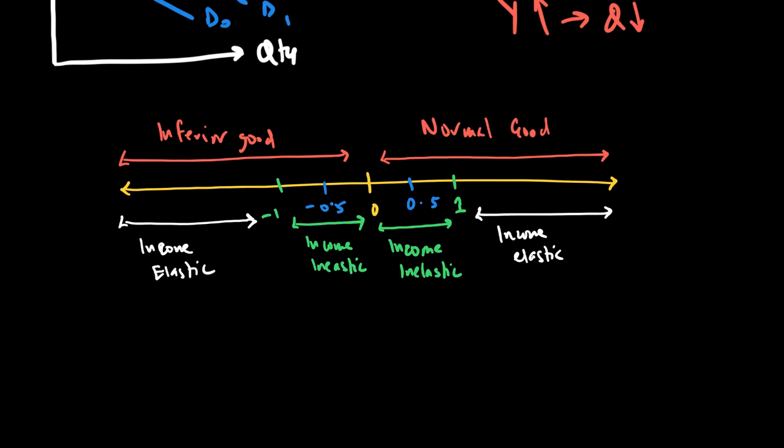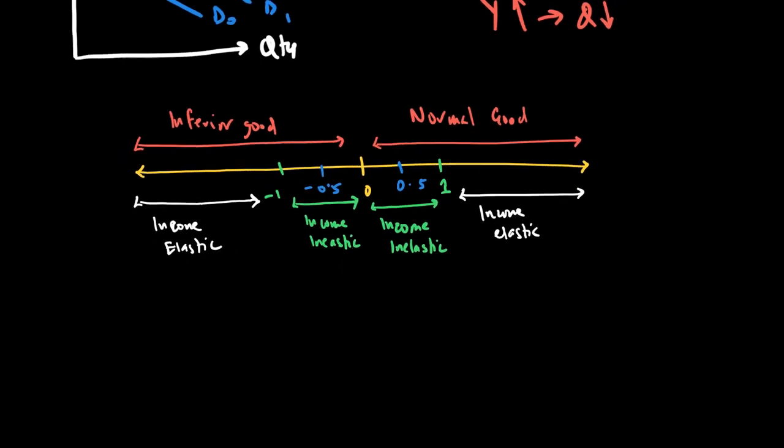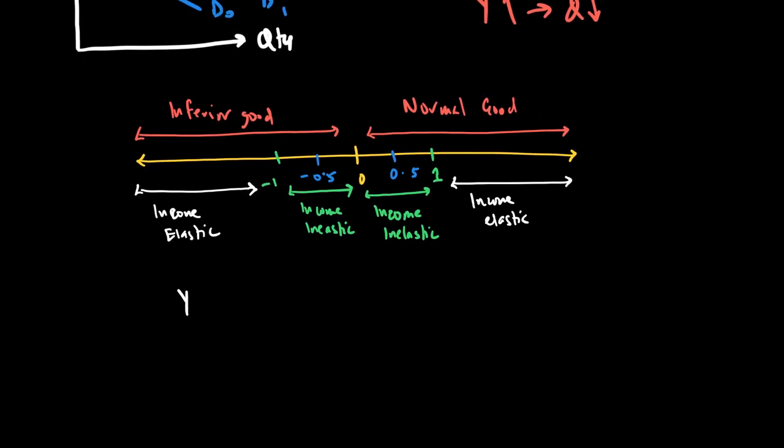So value tells us how responsive. Let's say your YED is for example a positive 0.5. A positive 0.5 will mean that it is A, normal, because the sign is positive, and B, it is income inelastic, which means not so responsive to change in income.